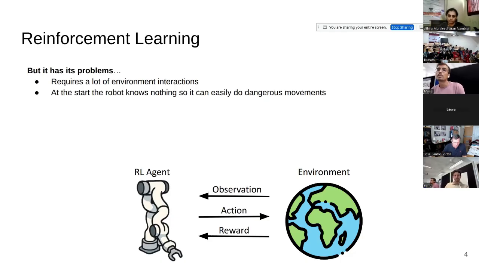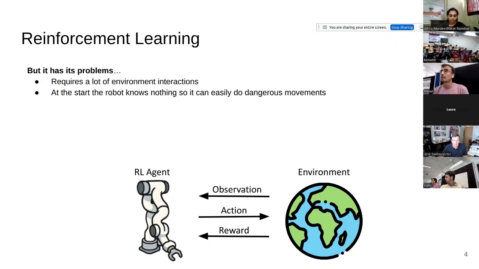And the other problem is that at the start, the robot is just moving around, and it can do dangerous things. And so it is very dangerous to apply this in a robot in the real world, because that's expensive equipment. You don't want it to break.